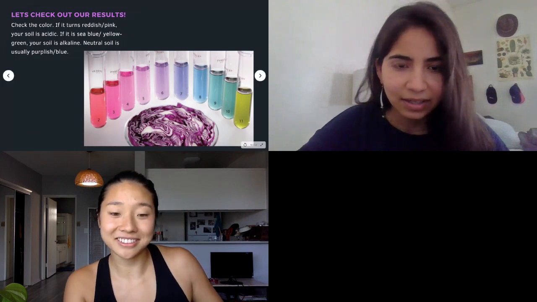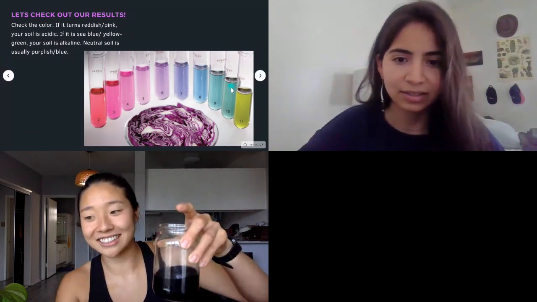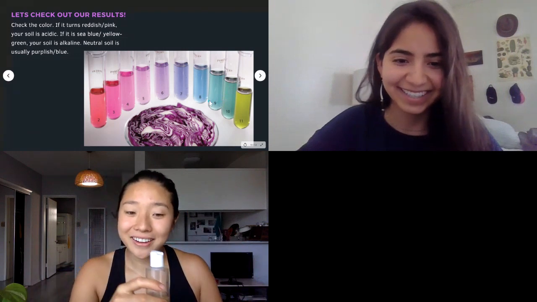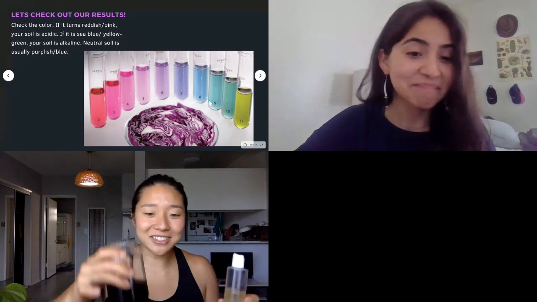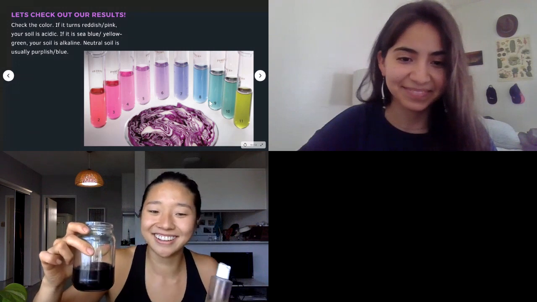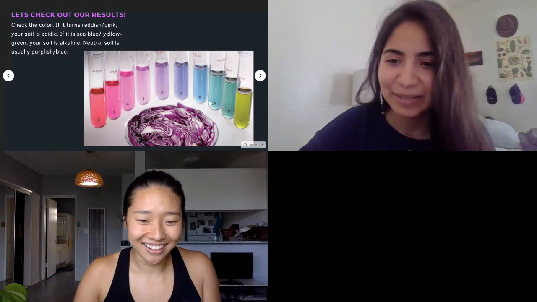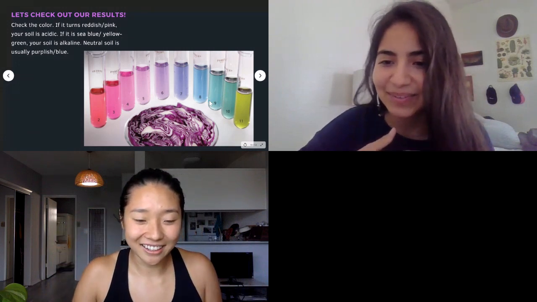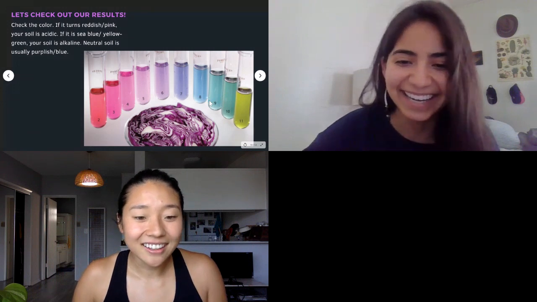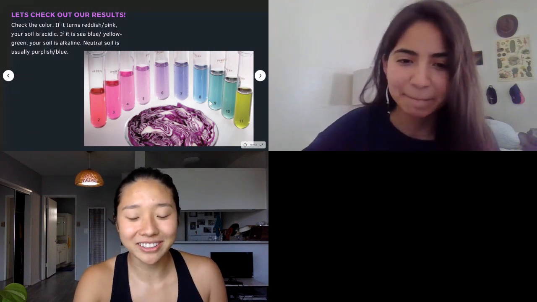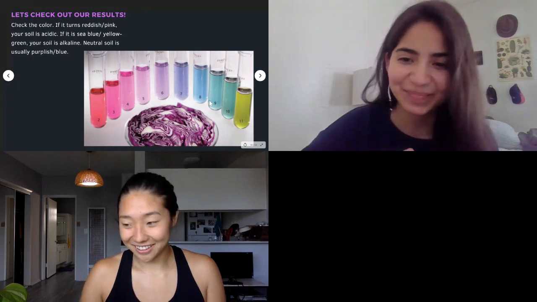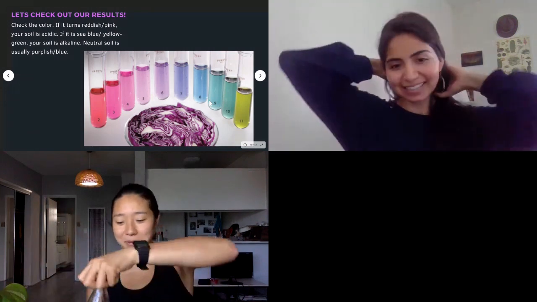Since I know that mine wasn't terribly exciting, I also have soap and vinegar. So do you guys want to see pink or blue? Oh, Hannah's turned to blue. Yes, new tests. Yay, we have a blue soil. Okay, let's do pink. I feel like it's the more dramatic one.